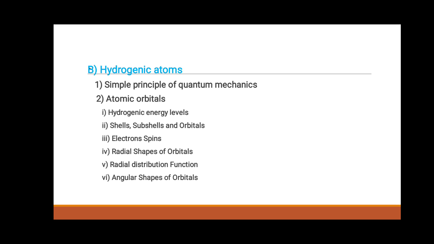In that we are going to learn hydrogenic energy levels, then shell, subshell and orbitals, then electron spin, then radial shape of orbitals, what the radial distribution function is, and what the angular shape of orbitals is. It's all about atomic structure.